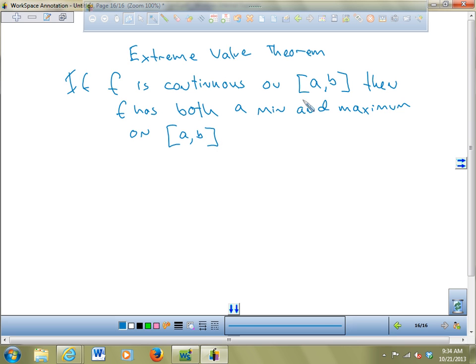So in order to ensure that a function has both a minimum and a maximum, it has to be continuous. That's what it says.